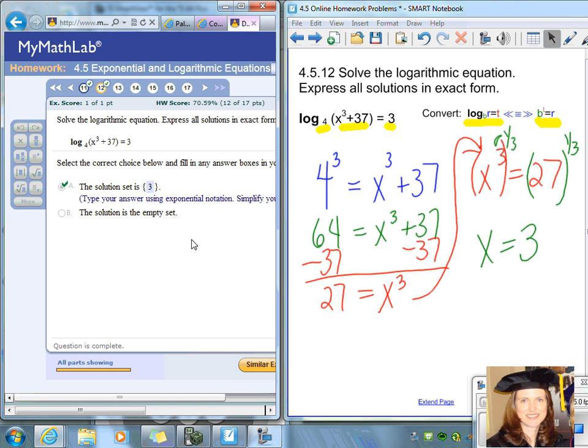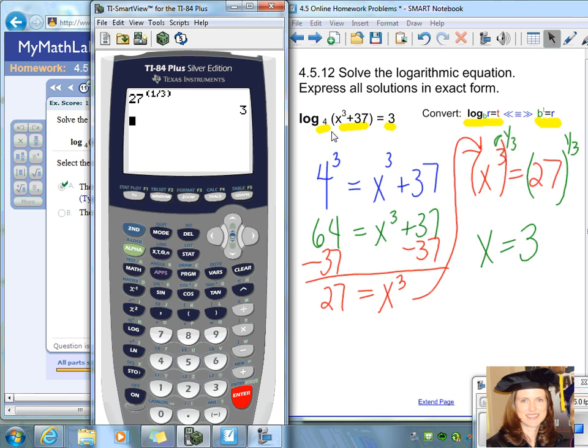And check your answer. So the key to solving this one, we take the base 4 raised to the power 3. That has to equal x cubed plus 37. Simplify and solve this equation. We want to get the x by itself, so you have to raise both sides to that 1/3 power. That is how we get our x by itself.